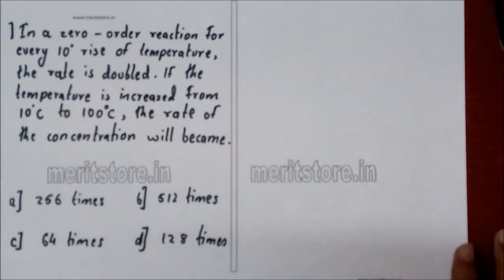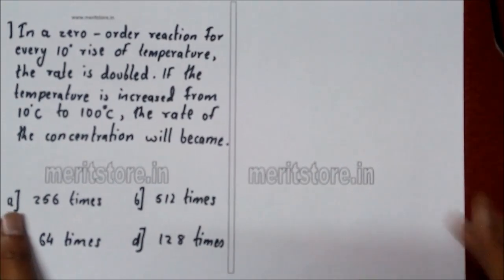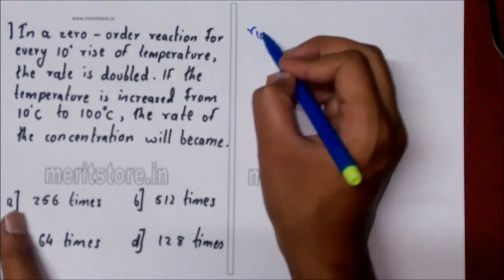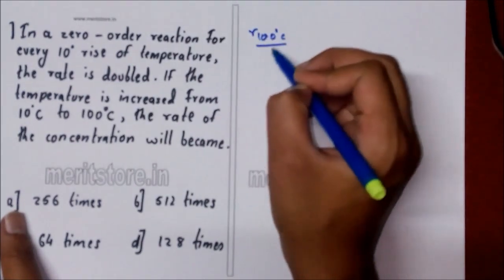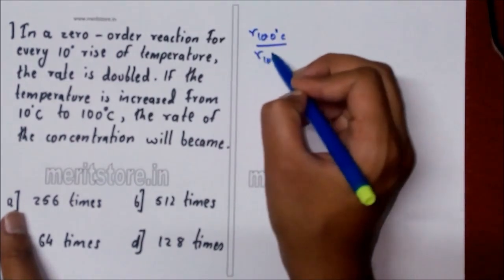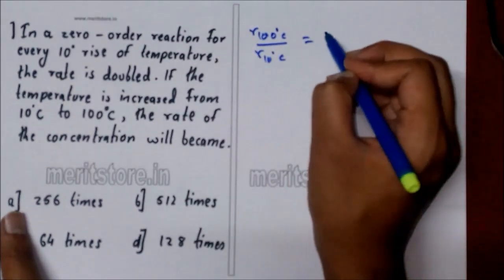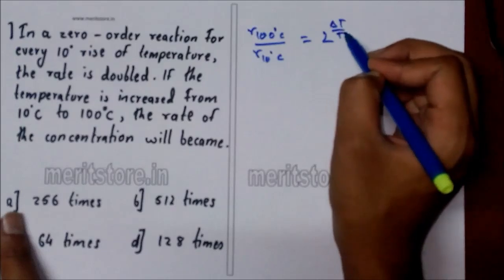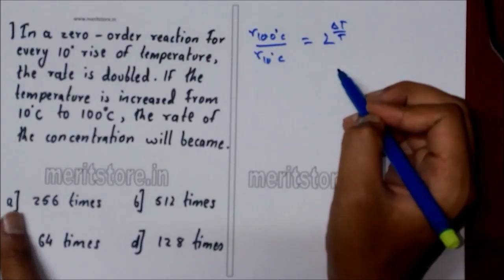So our next question is, in a zero order reaction, for every 10-degree rise of temperature, the rate is doubled. If the temperature is increased from 10 degrees to 100 degrees, the rate of the reaction will become? Let R be the rate at 100 degrees Celsius and at 10 degrees Celsius, equal to 2 raised to change in temperature upon initial temperature T1.